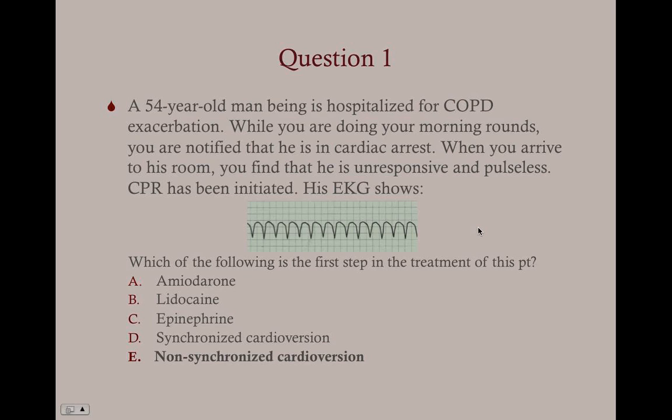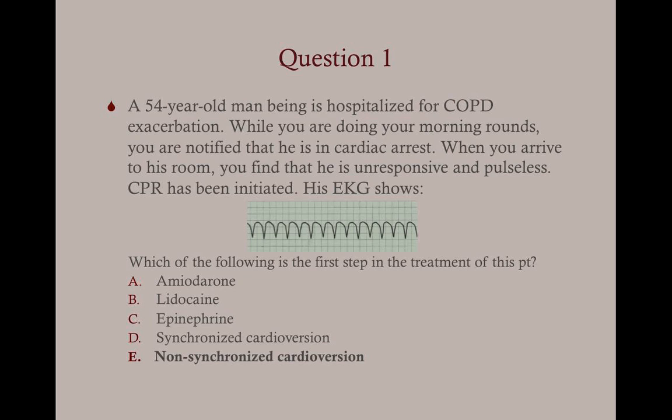And remember that there are two different kinds of rhythms: the shockable rhythms and the non-shockable rhythms. The shockable rhythms include VTAC and VFib. Of course, this is a patient in VTAC. And then there are the non-shockable rhythms, which would be asystole and pulseless electrical activity.